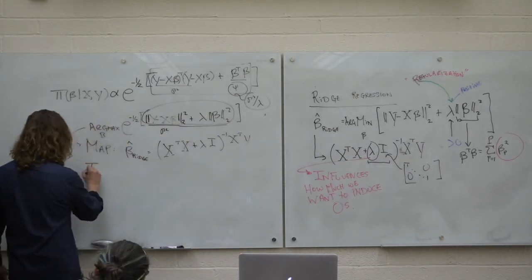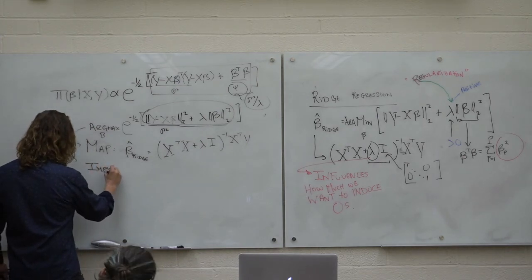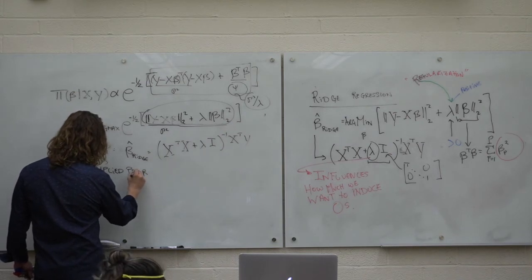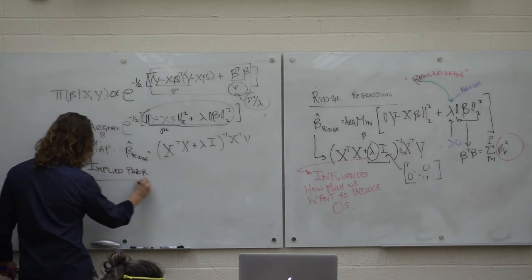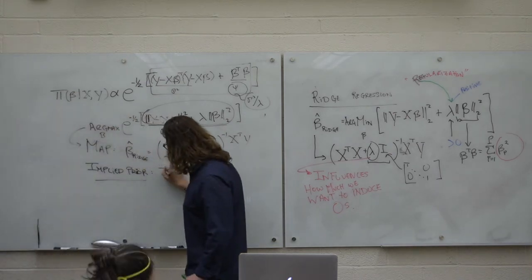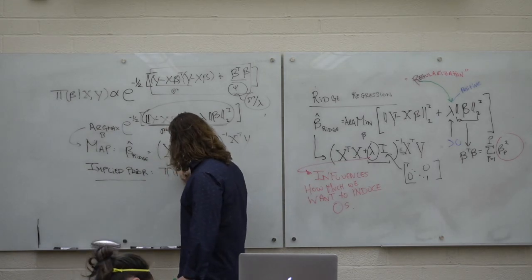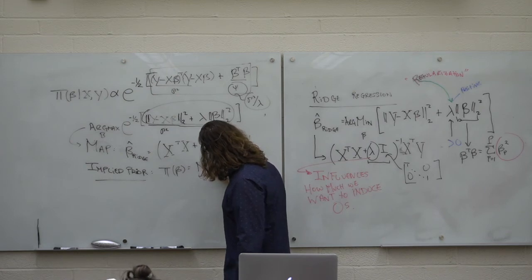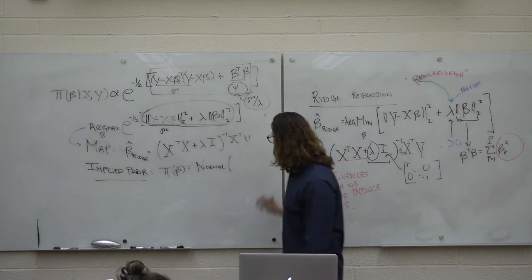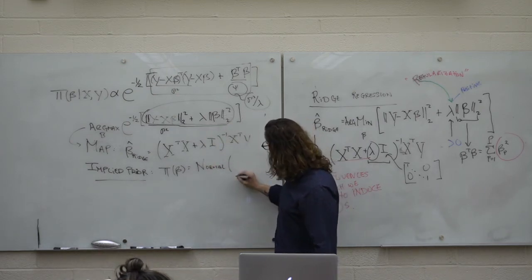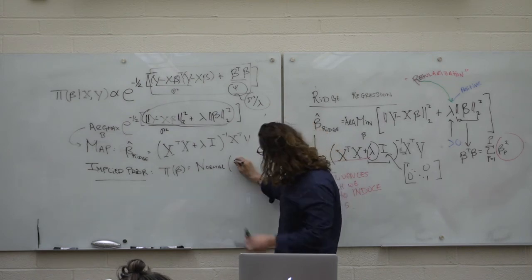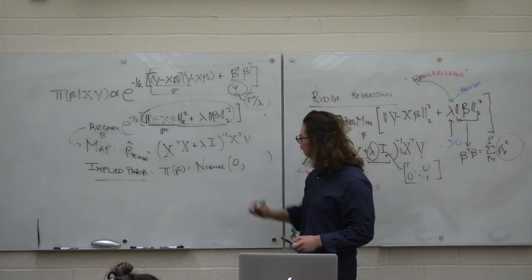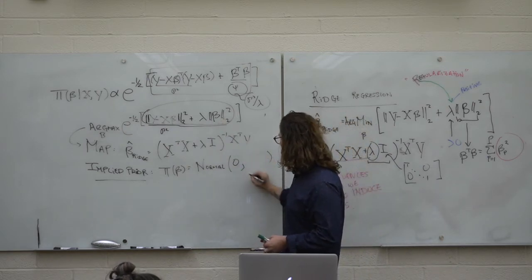So the implied prior: if a Bayesian says that they're doing ridge regression, what they just told you is that their prior distribution is a normal. This is going to be centered at 0, pushing everything towards 0 with this function, and then I've got some variance in here.